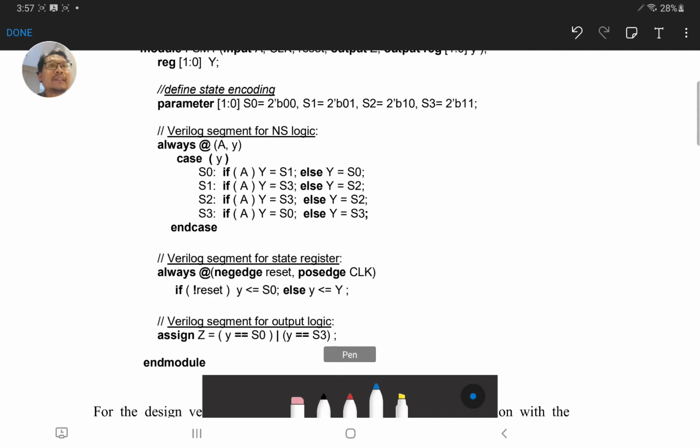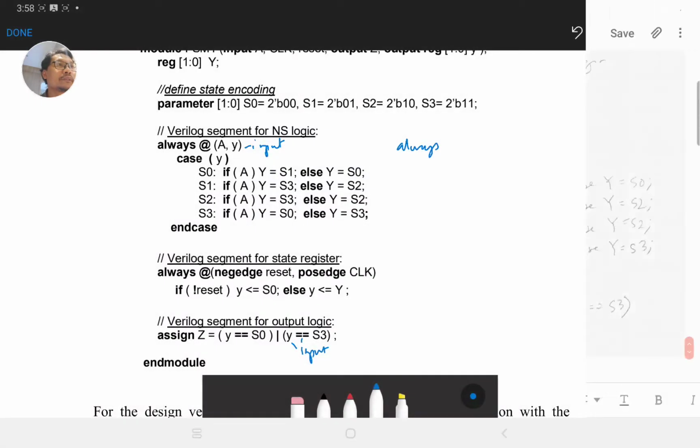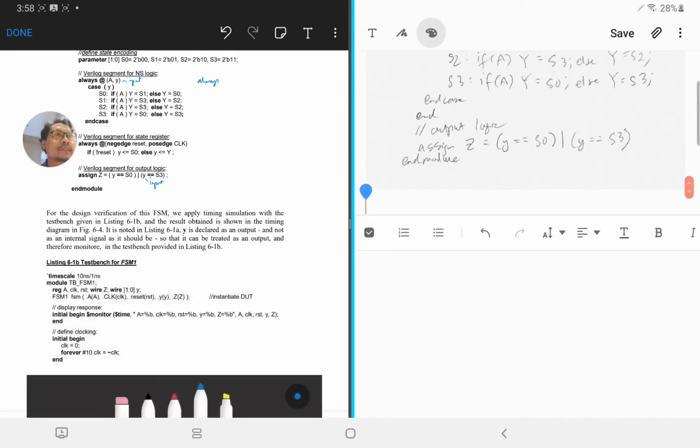As we can see here, for the next state logic, the inputs are A and y. And for the output we have the input y, small y, which is the present state. So here in fact you can make something like this.